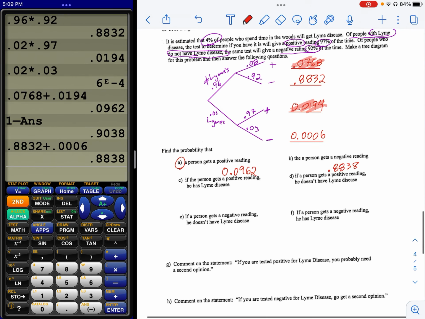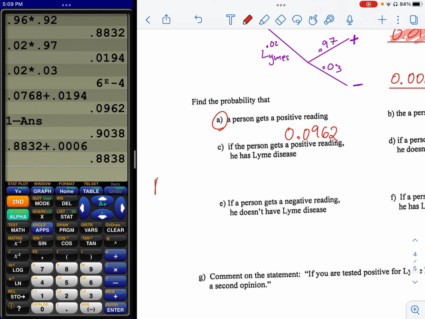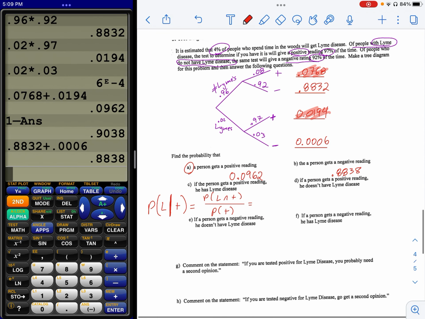See, if the person gets a positive reading, he has Lyme's. Okay, so now we got a condition here. I'll do shorthand like this. Has Lyme's given a positive reading? So the formula is the numerator is Lyme's and positive reading. The denominator is the probability of a positive reading. I have the numerator calculated right here. It's Lyme's and positive.